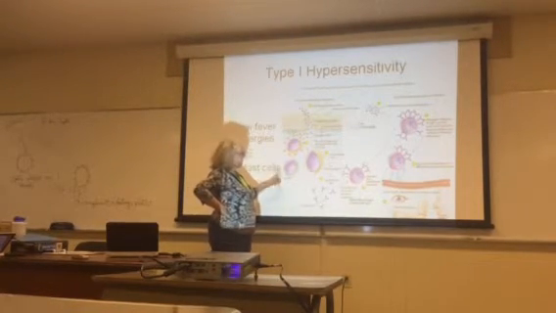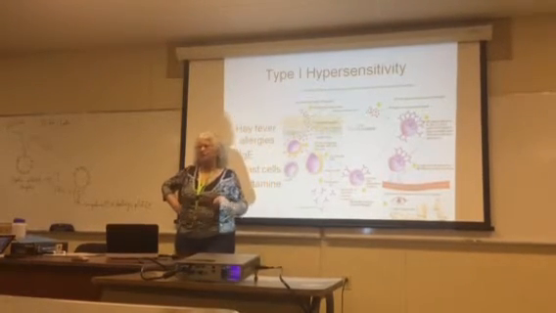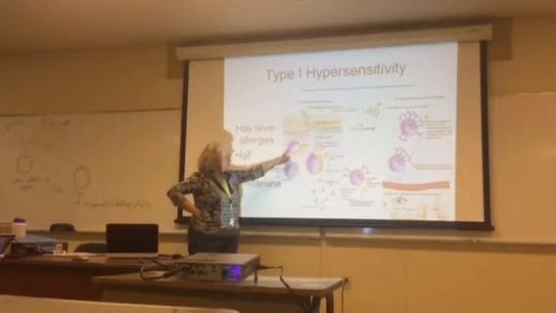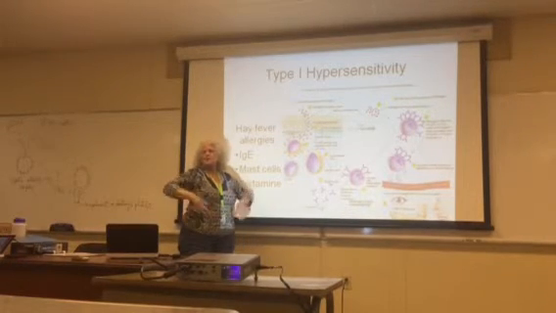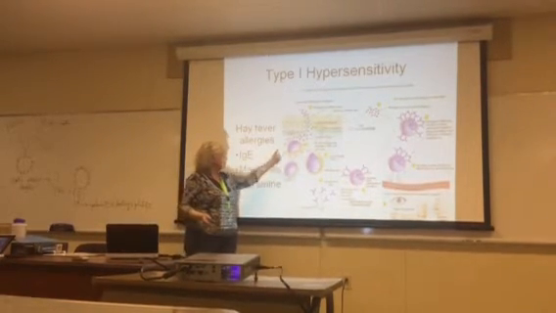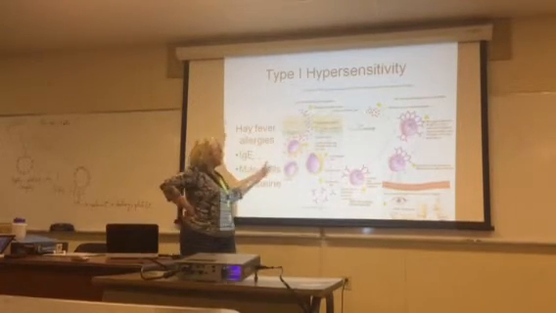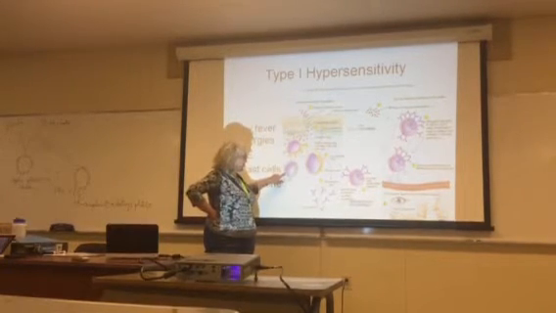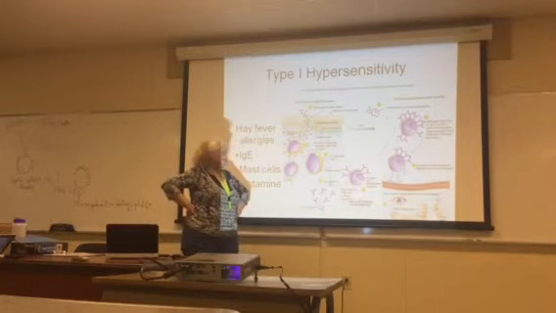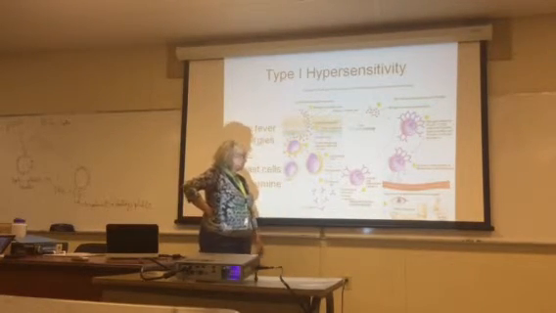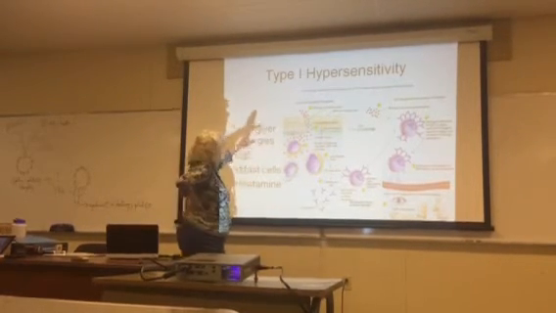And remember, we need a T helper cell to help that B cell. It also hooks up to the B cell receptors and causes the B cells to make many cells of itself that are already sensitized to this antigen. Then the B cell makes clones of plasma cells, and the plasma cells produce the antibodies.